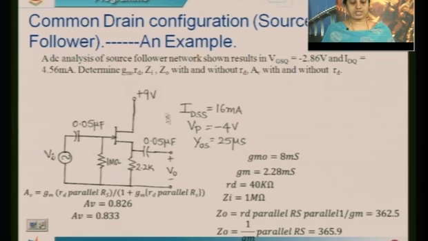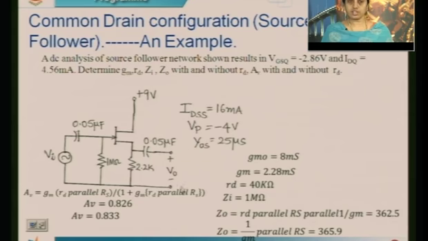So, obviously, this is a source follower network. The reason being, for AC analysis, we will be reducing this 9 volts to 0. That is, drain is grounded. So, drain becomes common between gate and source. Another notable fact is output is taken between source and ground.